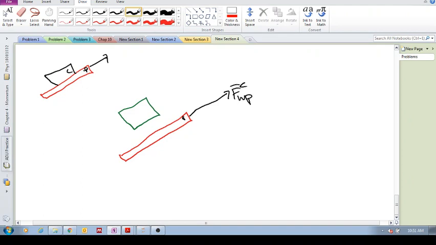So that's the pallet and that's the crate. We know that we've got gravity, right? Force of gravity, earth on the pallet. We know that we've got this contact force of the crate onto the pallet.